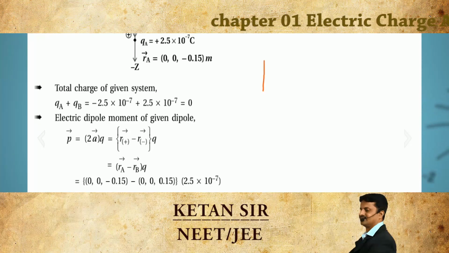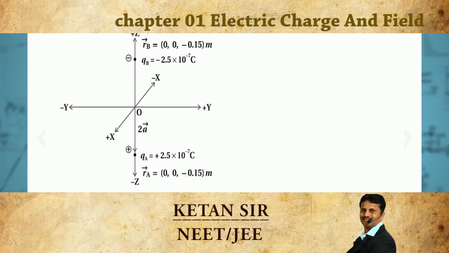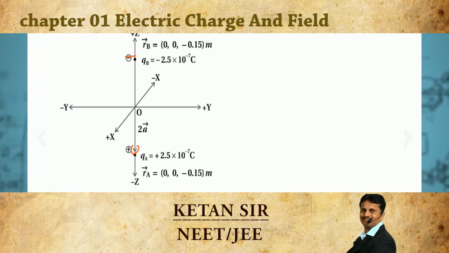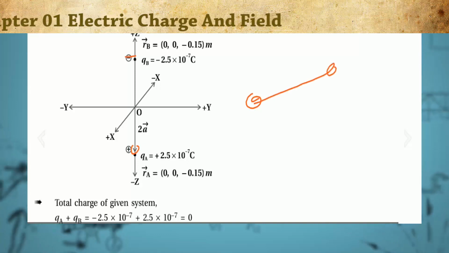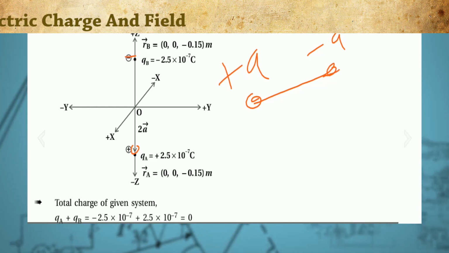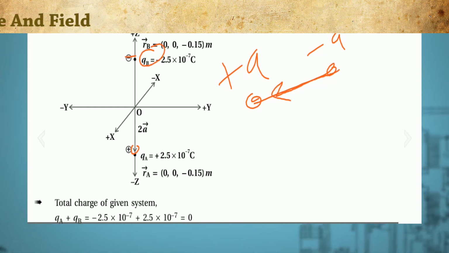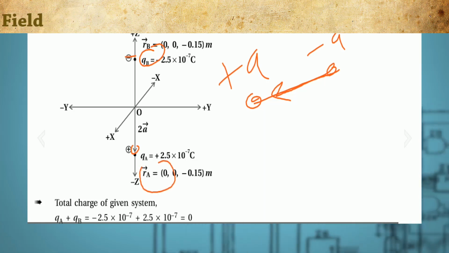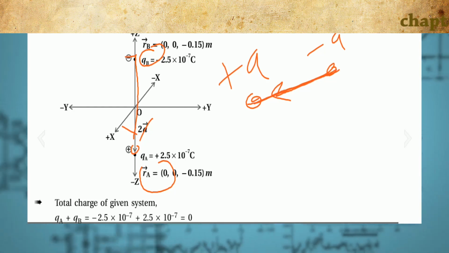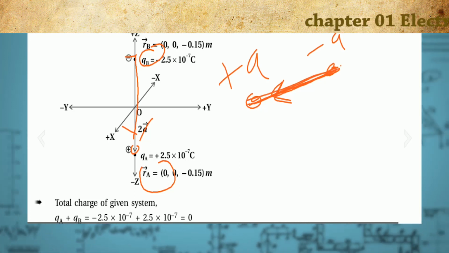Negative z axis because here you are putting the positive charge and here you are putting the negative charge. The direction of the dipole: here positive q, here negative q. Negative charge at B and positive charge at A. The direction of the dipole is from negative to positive.